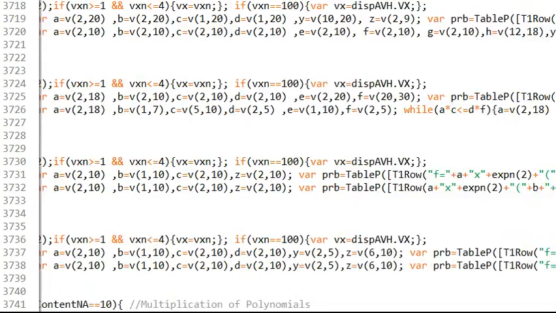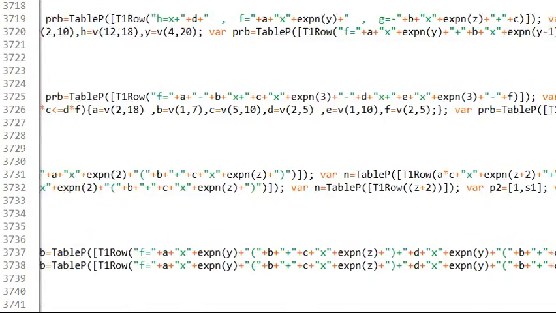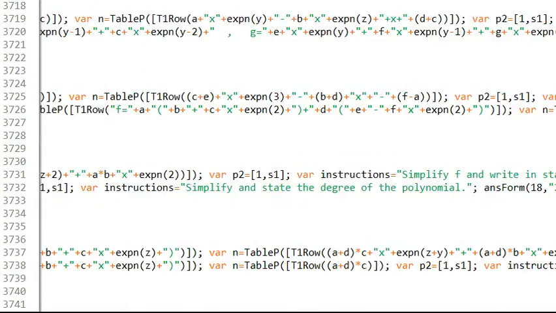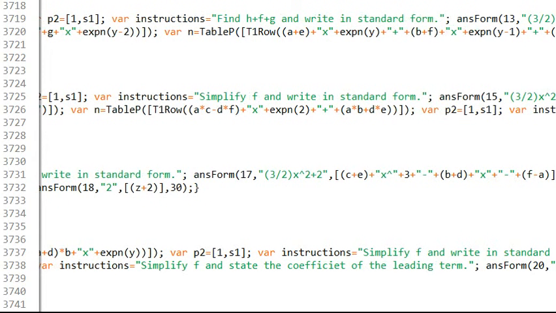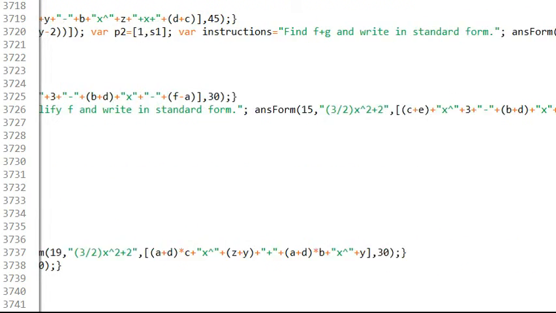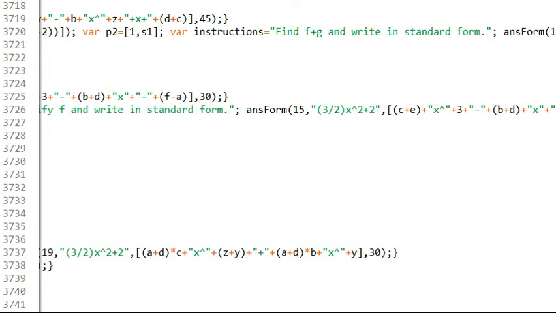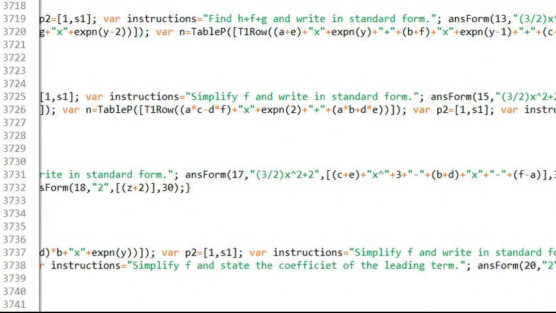Alright, let's look, see what's going on here. I got a while statement, no. Okay, I know this is the problem itself. I know that's correct. What is that?